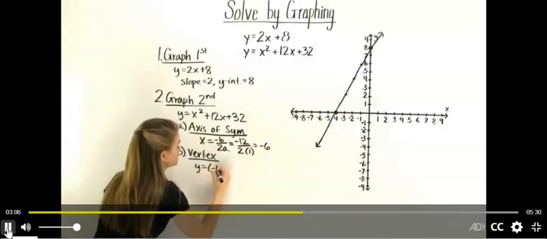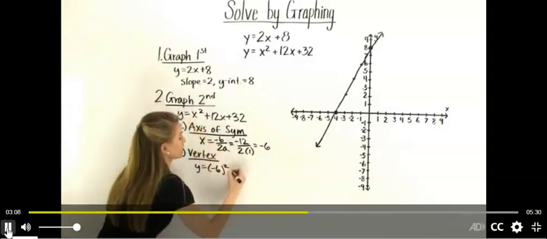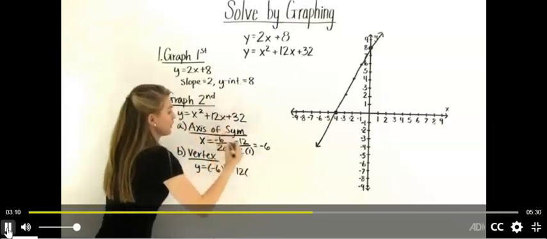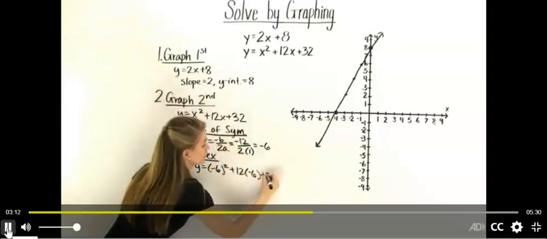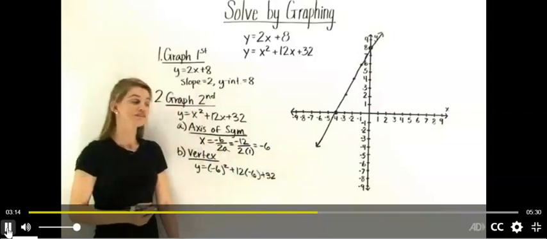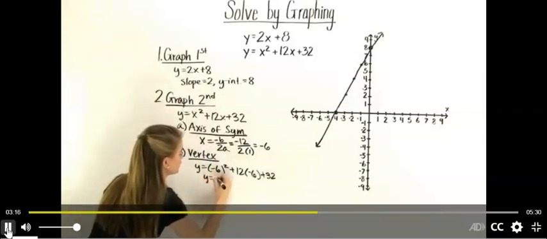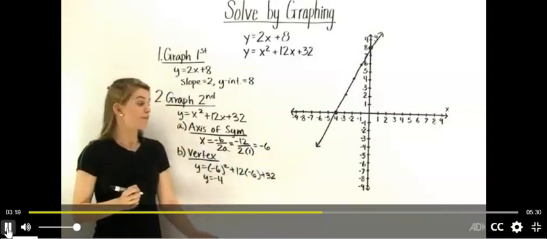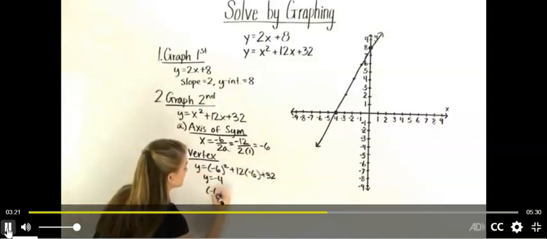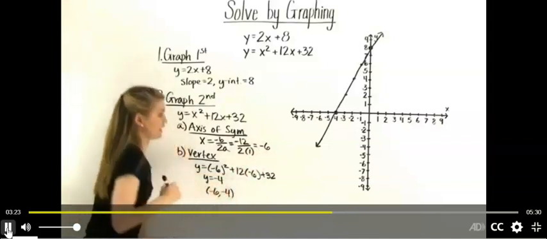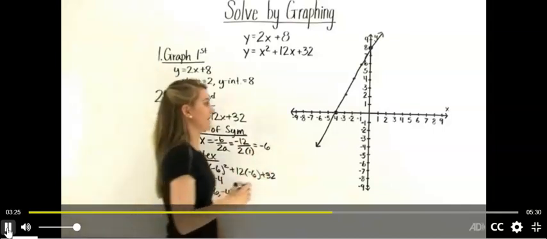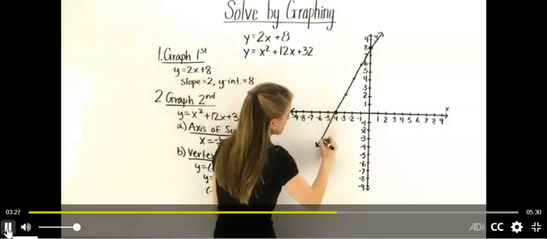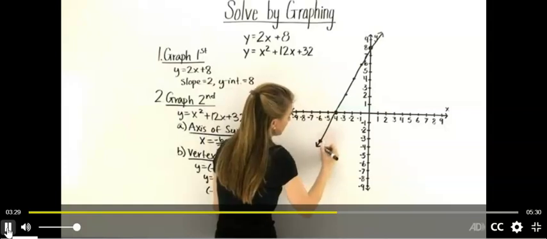So y is equal to negative 6 squared plus 12 times negative 6 plus 32. If we simplify, we get that y is equal to negative 4. That means our vertex is the point negative 6, comma negative 4. And we can go ahead and plot that on our graph. Negative 6, comma negative 4 is right here.